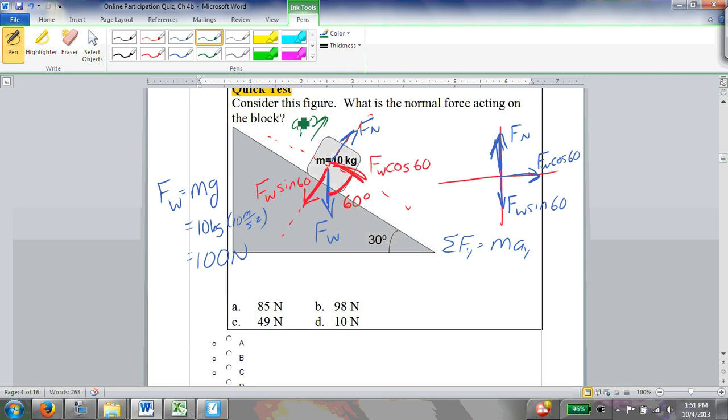Acceleration in the y direction equals 0. So I can say the normal force minus Fw sine 60 equals m times 0, which is equal to 0. So my normal force equals my weight, which is 100 newtons, times the sine of 60, which is 0.87.